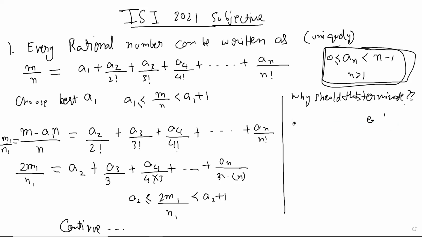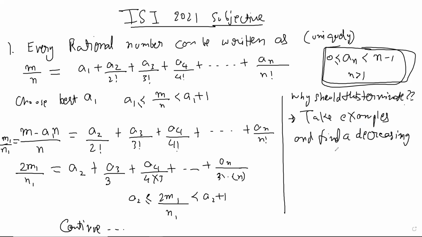Okay, so let me just mention this. Take examples and find a decreasing invariant, or just a decreasing parameter.